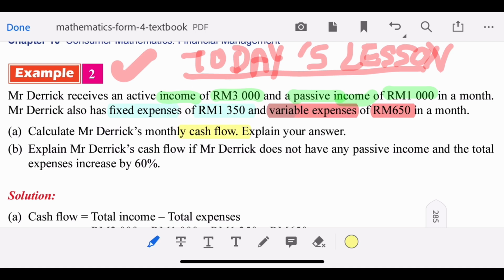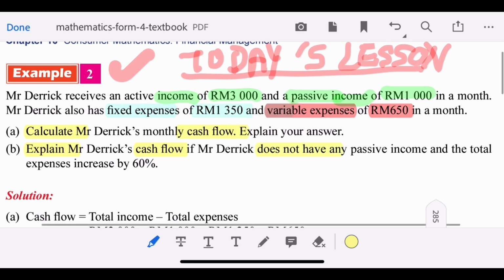Now we want to calculate cash flow. The cash flow is given by a formula. How to calculate cash flow is you have to plus all the total income, the active income, which is 3,000, and the passive income, which is 1,000.